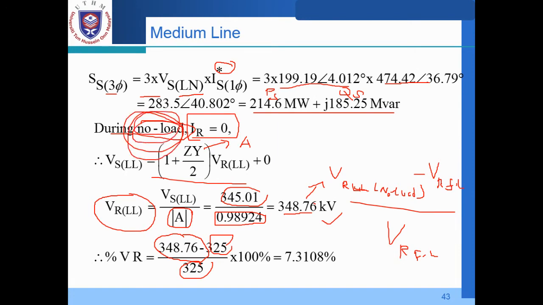Remember, no load analysis here. So this is supposed to be the no load value of V. Put it here and minus 345 from the question, and this results in a voltage regulation of 7.3108 percent.